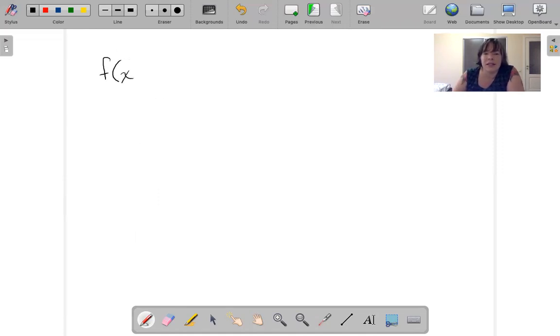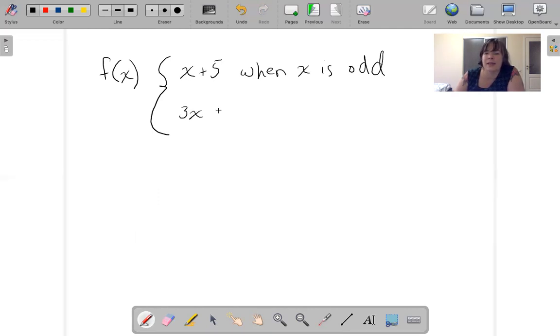F of x. Whoops, I messed up on that. F of x is, let's say, x plus 5 when x is odd, and 3x when x is even.